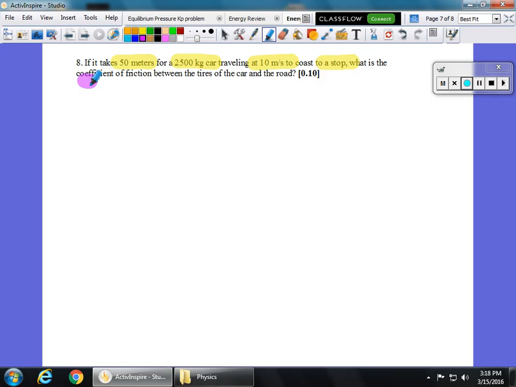So the coefficient of friction, that's our mu that we're going to be looking for. Well, this is going to be a work equal to change in kinetic energy problem, right? So our kinetic energy is coming from 1/2 mv squared.